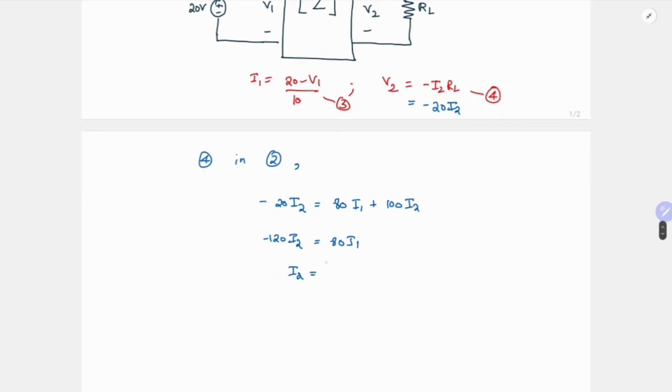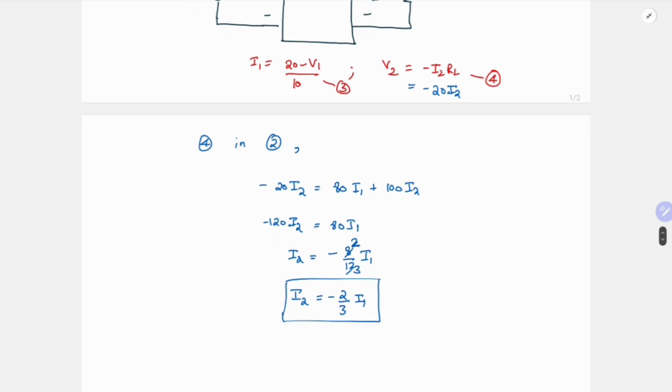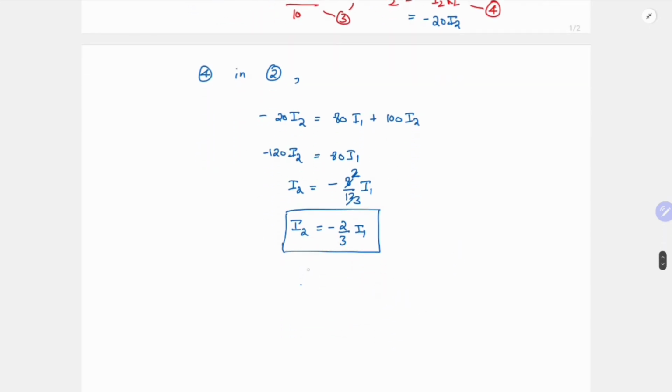So I2 is equal to minus 8 by 12 I1, which becomes minus 2 by 3 I1. So we get I1 in terms of I2: I1 is equal to minus 3 by 2 I2, because we want to eliminate other variables and find I2.